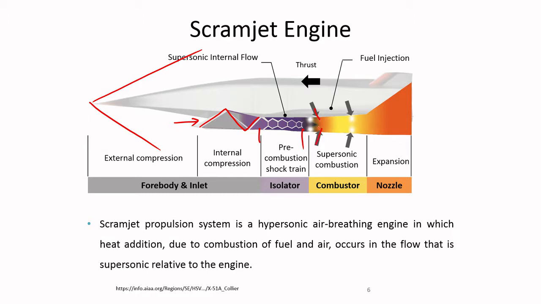The fuel will burn, and you have to ensure that you increase the cross sectional area to prevent something called thermal choking, and then you expand the flow by providing a very large diverging duct to accelerate the flow, which will generate the required thrust.